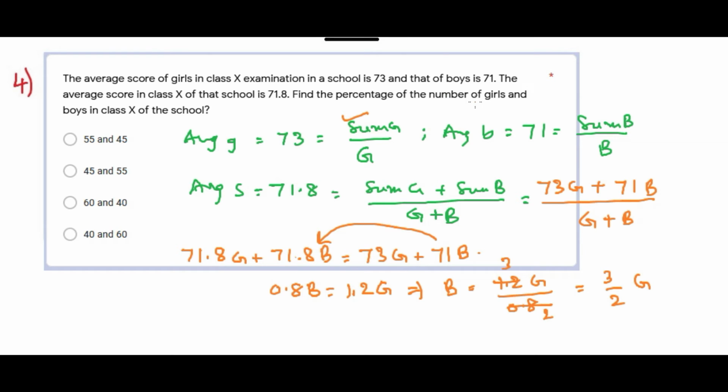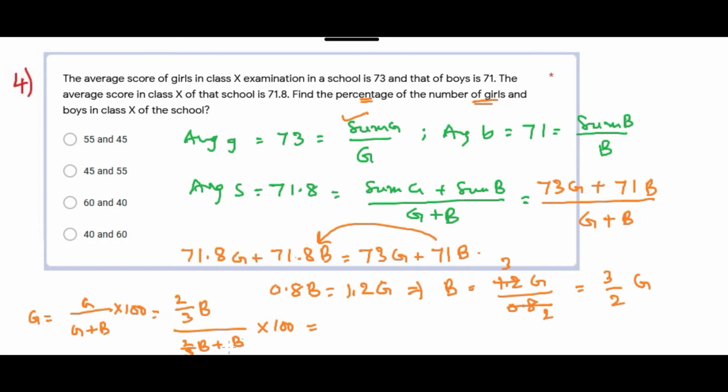First he has asked the number of girls. First we need to identify the percentage of the number of girls. So girls percentage is equal to the number of girls divided by the number of girls plus the number of boys, into 100. The number of girls is 2 by 3 B, divided by 2 by 3 B plus the number of boys B, into 100.